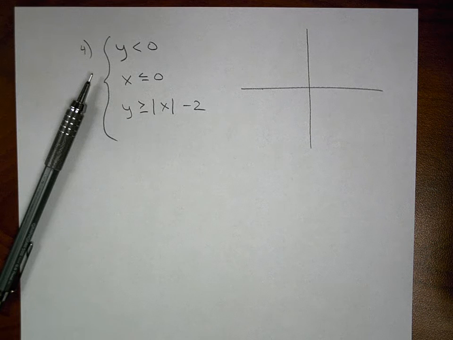Okay, so y is less than 0. What does y equals 0 look like? Is it horizontal? Horizontal. Yeah, so draw y equals 0. Yeah, it'll be right on the axis, so that's fine. Y equals 0 dotted, so just make it right above the x-axis or whatever.